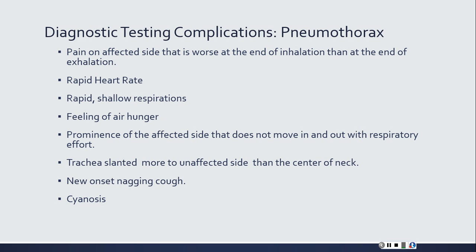It has to do with the pressures, I think. I'm pretty sure it's got to do with those pressure shifts, but again, that's just a guess, so don't write that in your textbook yet. And then new onset nagging cough is a huge one. And then finally cyanosis.